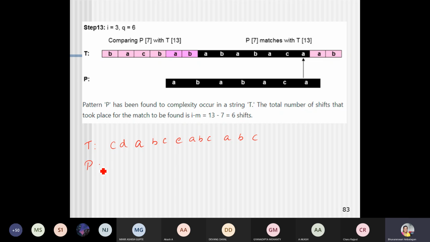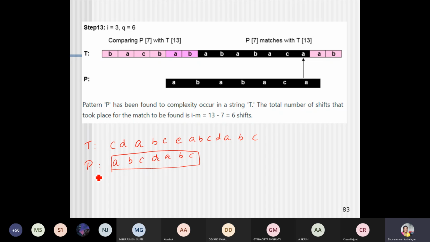The pattern that I'm looking for is A, B, C, D, A, B, C. So the question is whether this pattern is a substring of this text, and in which position it is available. If you are going for the brute force algorithm, the basic algorithm, you have to repeatedly move one step ahead to check whether the pattern is matched with the text or not.